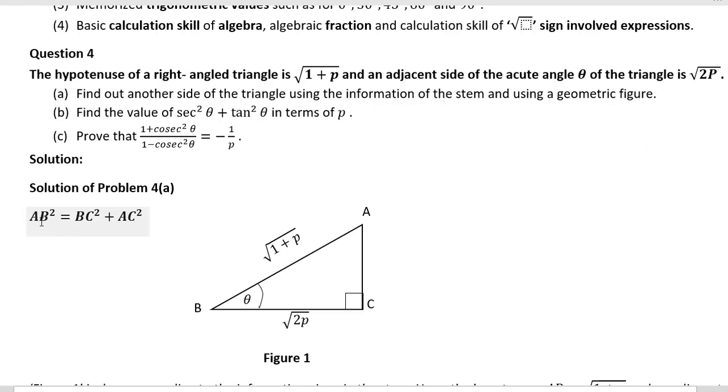I believe you know that from Pythagoras theorem, you can write AB square is equal to BC square plus AC square. Now put the value of AB and BC and find the value of AC. From this equation, do it by yourself, pausing the video, then see the next item I show you.